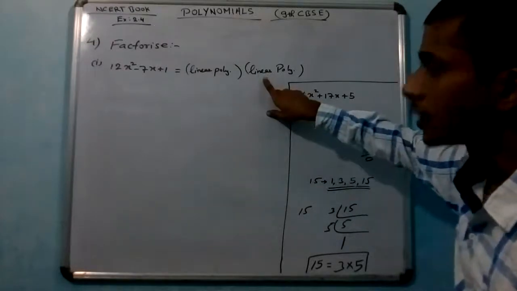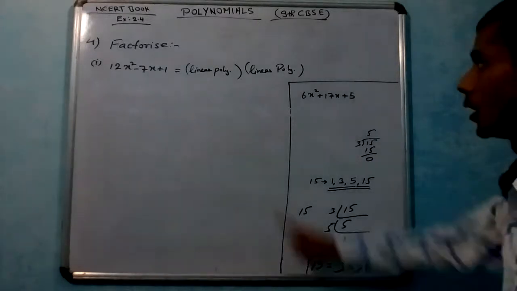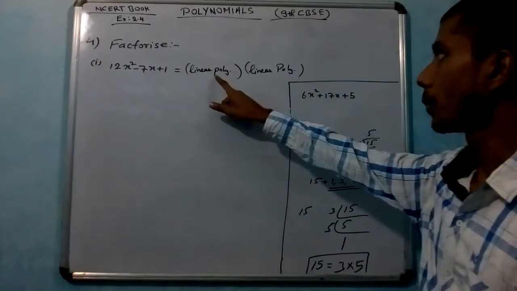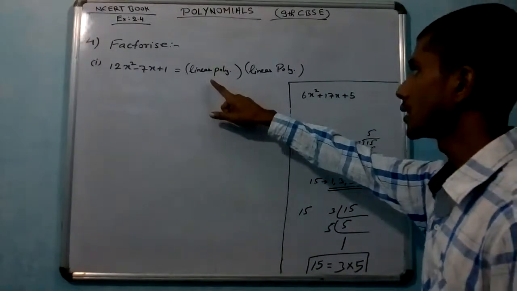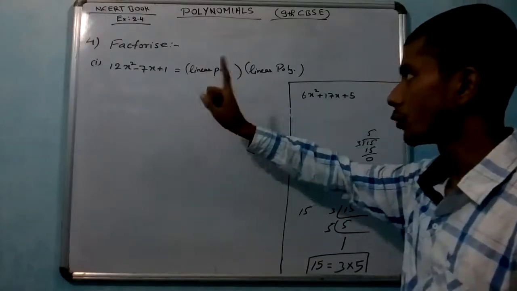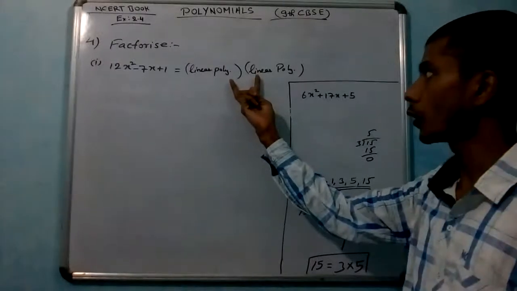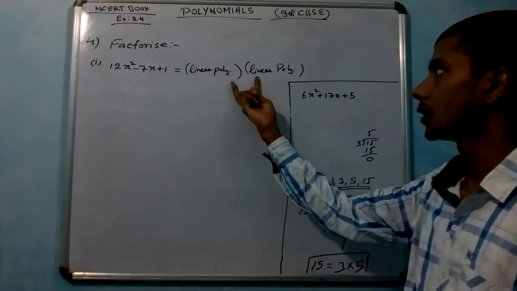Degree means the highest power of the variable present in the expression. So linear polynomial means degree 1, and here also linear polynomial means degree 1. So we will get the product of two linear polynomials.